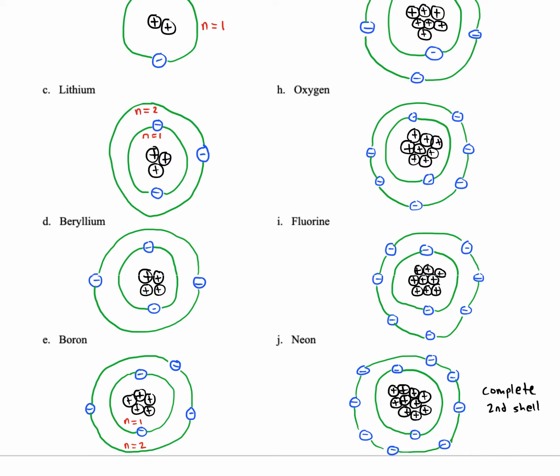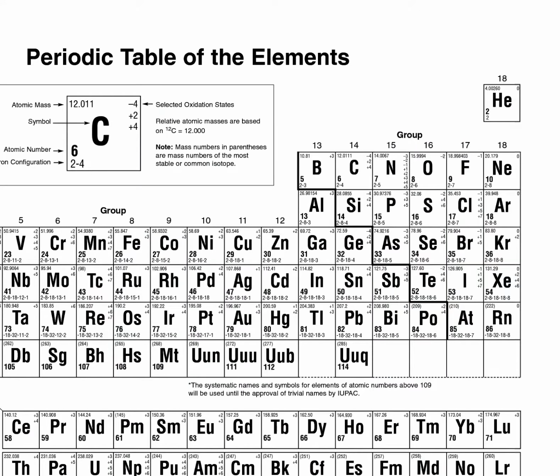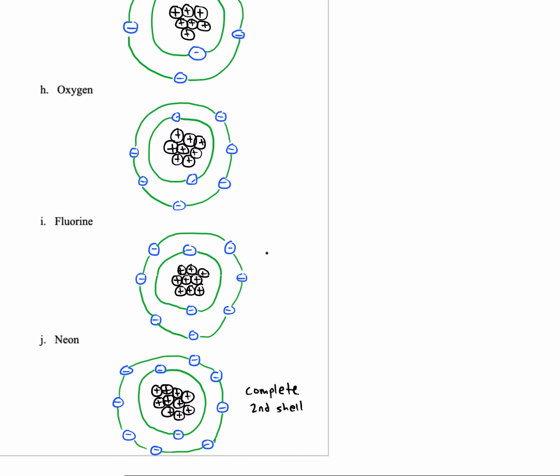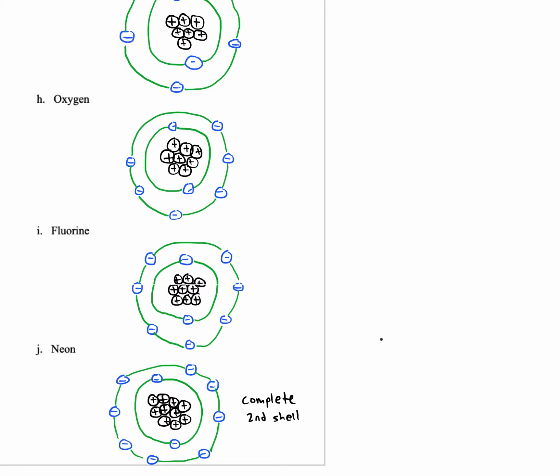And so what would we do next if we needed to go to the next element? We'd have to go to the next energy level, which is n equals 3, and this is the element sodium. Sodium has 11 protons in the nucleus, and it's going to have 11 electrons. So let's look at that for a second here. Sodium, element Na, has 11 protons.